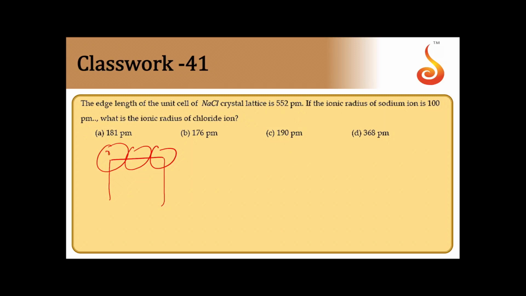Let us say this is a cation, so R plus, R minus, and then R plus we have. Implies that the edge length A should be equal to 2R plus 2R minus, or else R plus R minus should be equal to A by 2. Means the sum of the radii must be equal to edge length by 2.